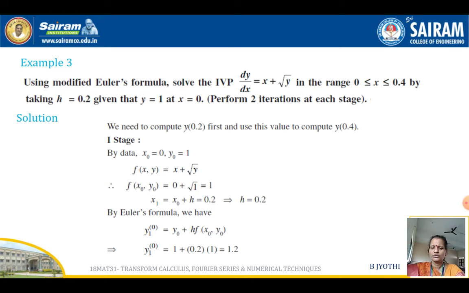By using the Euler's formula, we have y1 of 0 is y naught plus h into f of x naught y naught. y1 of 0 is 1 plus 0.2 into 1, that is 1.2.